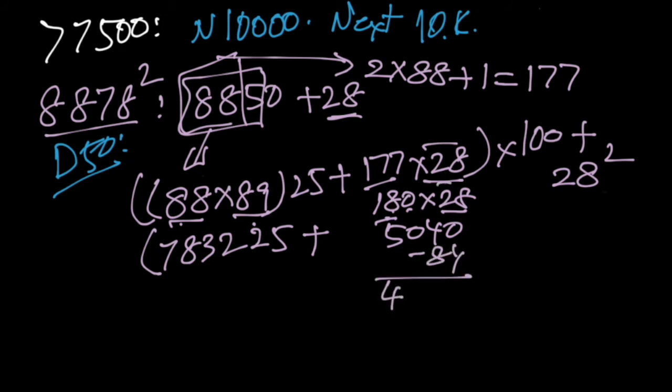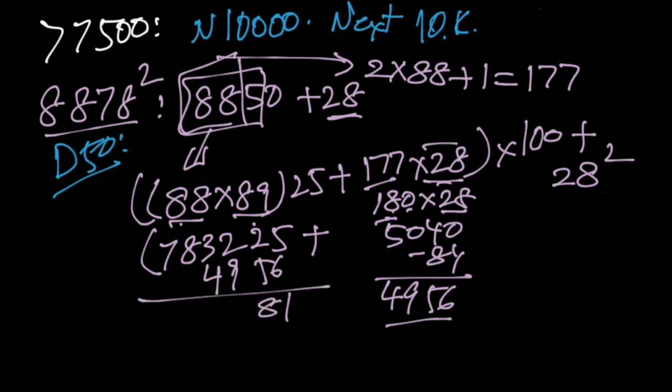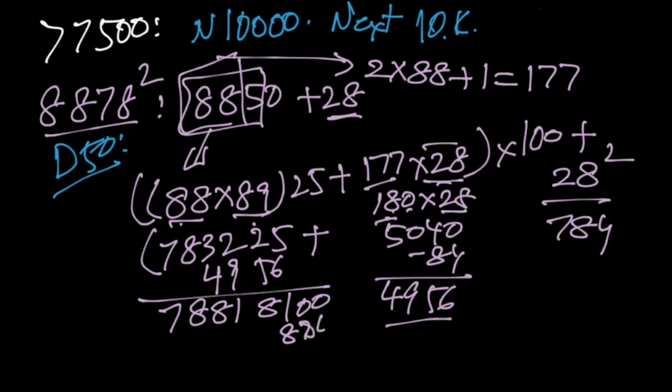So, this becomes 4956. So, we add 4956. So, this becomes 81, this is also 81 and 78. Then we put 20 and then here we have 784 for 28 square. So, this becomes 884.